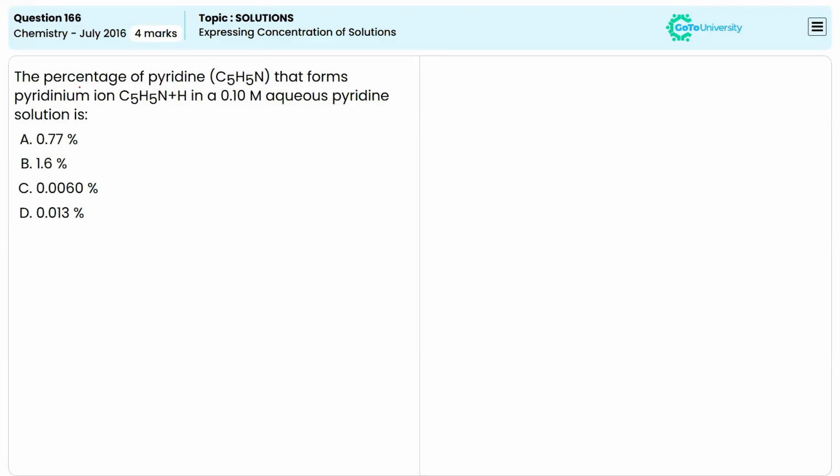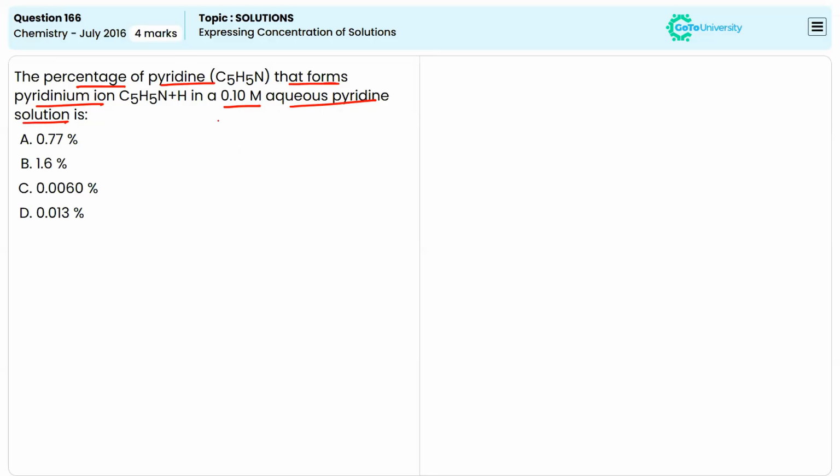So here we have to calculate the percentage of pyridine that forms the pyridinium ion in 0.1 molar aqueous pyridine solution. In order to calculate this, we have to use the equation for degree of dissociation, because the degree of dissociation means how much substance is undergoing dissociation. When you add pyridine in water, it will produce pyridinium ion, right?